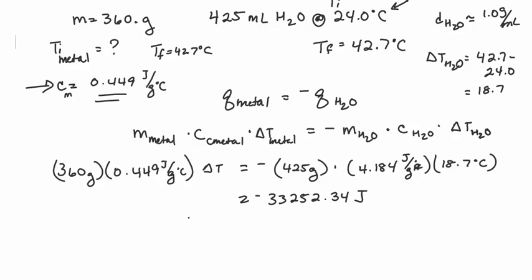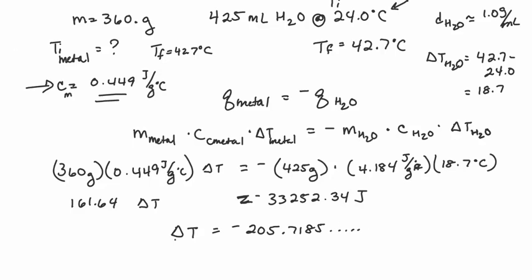And that's going to be equal to 161.64 times my delta T. I'm going to divide both sides by 161.64, so my delta T is equal to a negative 205.7185, and then there's a whole bunch of other digits. Again, leave it in your calculator.